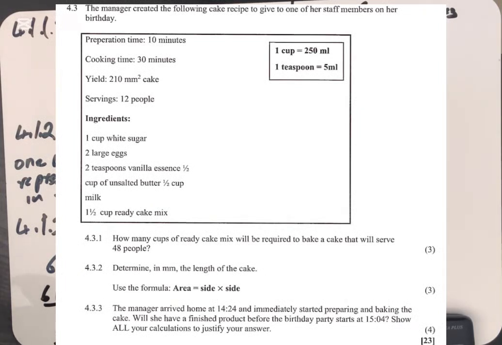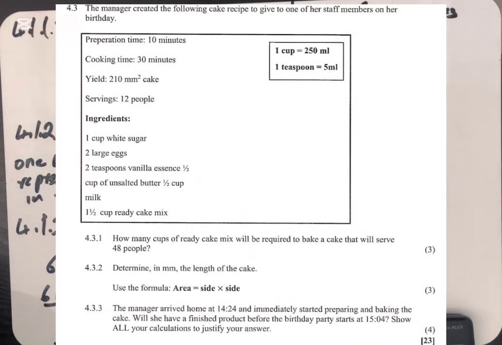Yield is 210 millimeter squared cake. Every time when we see the squared units, we know that we are dealing with the area. It means that this is the area of a cake. We should not forget that. This recipe is for 12 people. We have the converting factor. 1 cup is 250 milliliters. 1 teaspoon is equal to 5 milliliters.